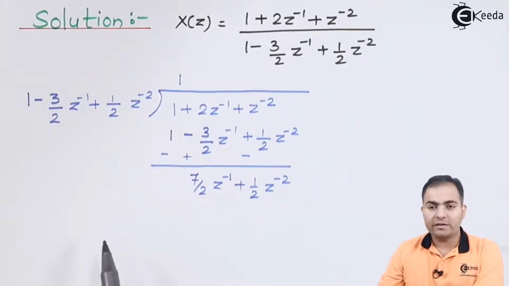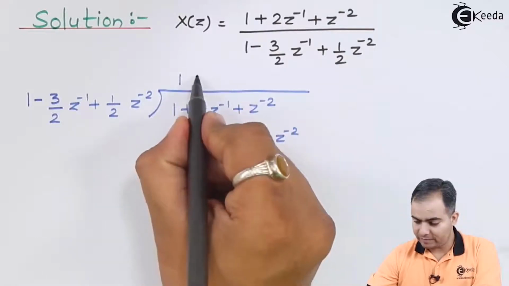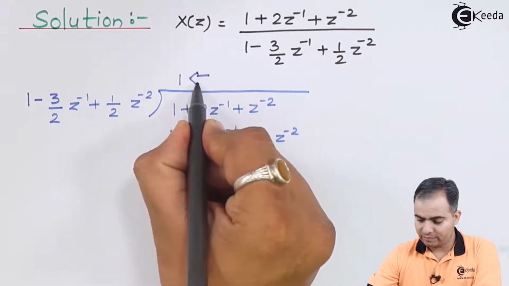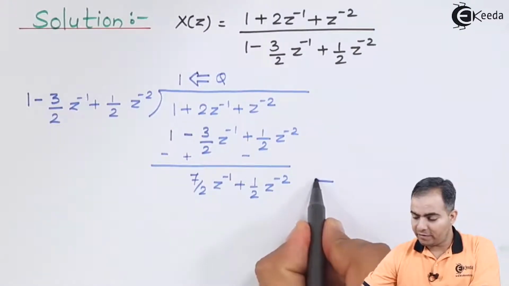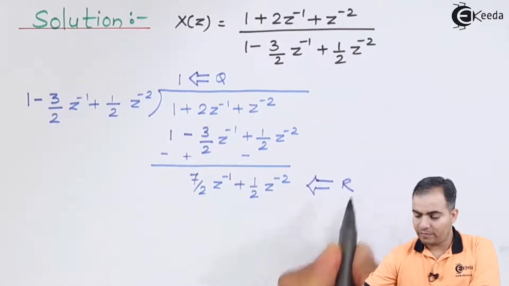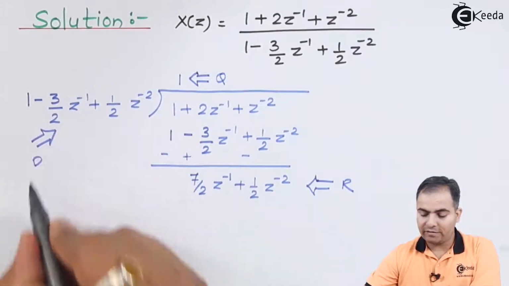Look here: this 1 is my quotient, this is my remainder, and this one is my divisor.